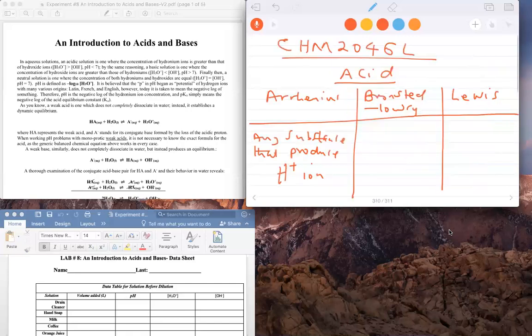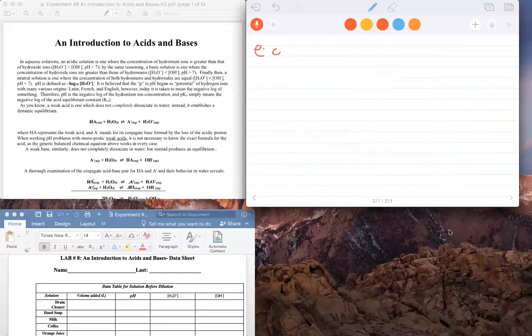Examples are HCl, nitric acid, sulfuric acid. They all have hydrogen in their chemical formulas. These are Arrhenius acids.